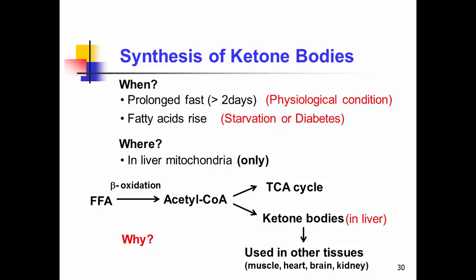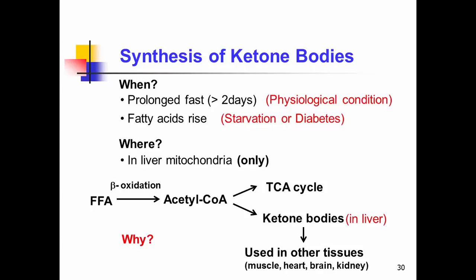This is just an overall picture of ketogenesis. Here we just talk about the physiological condition, right? Fasting, starvation. We have a lot of fatty acids being released from adipose tissue during the fasting, and the lipolysis process is activated.